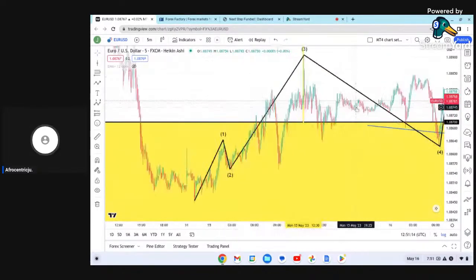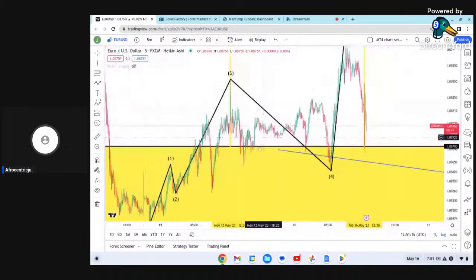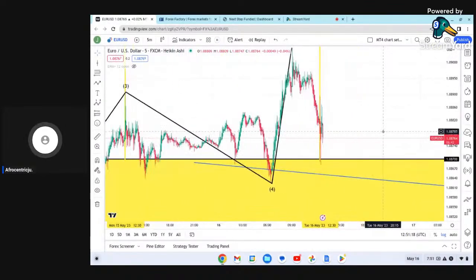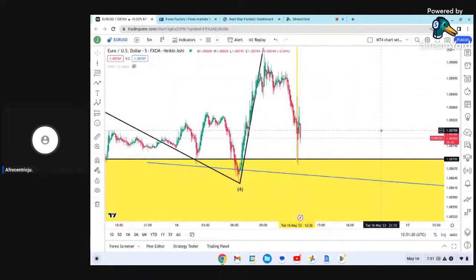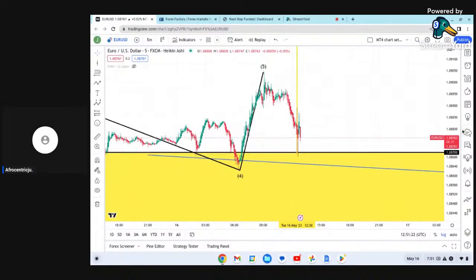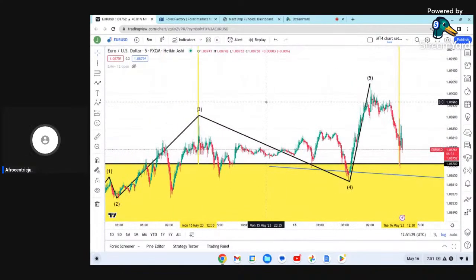And then from there, the market starts to drop, and then you see, of course, this happens, and then the trade is pretty much finished after that.